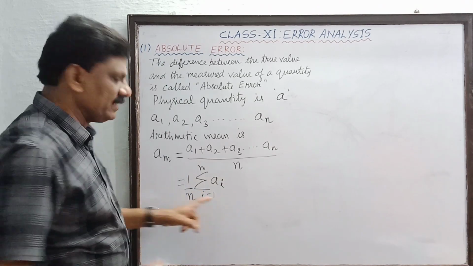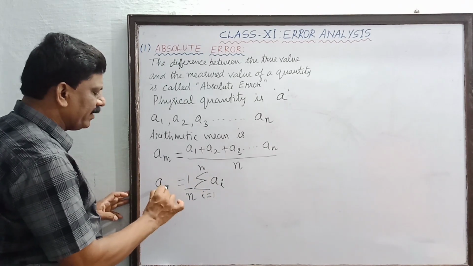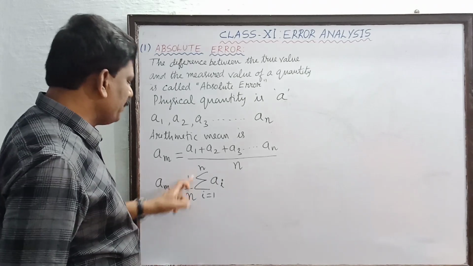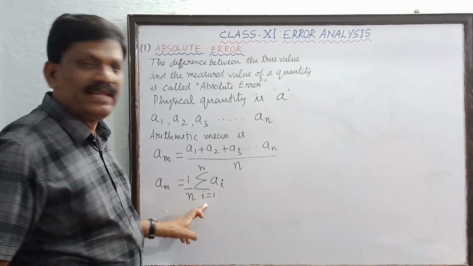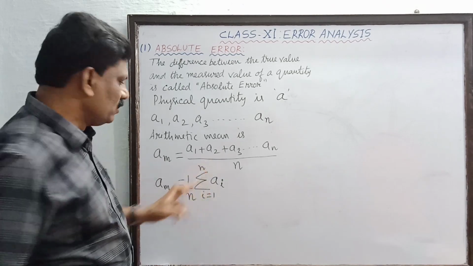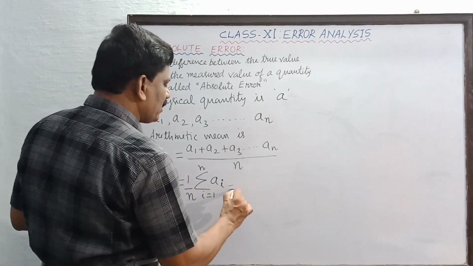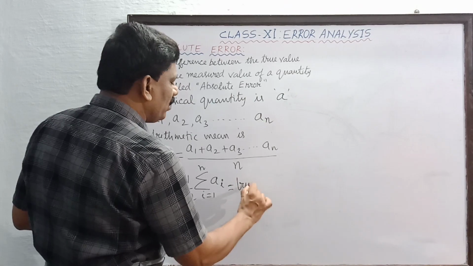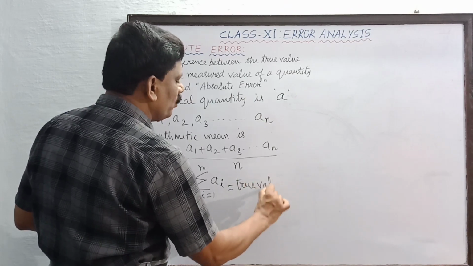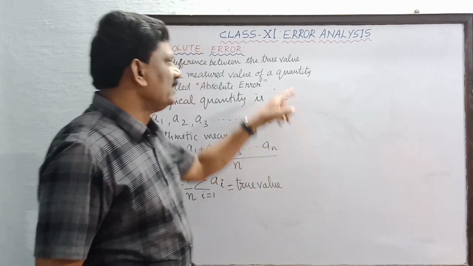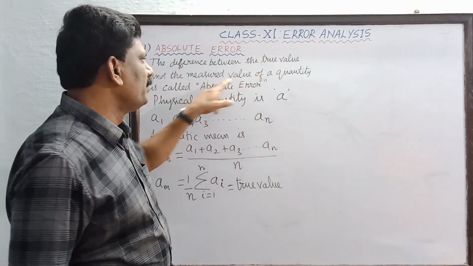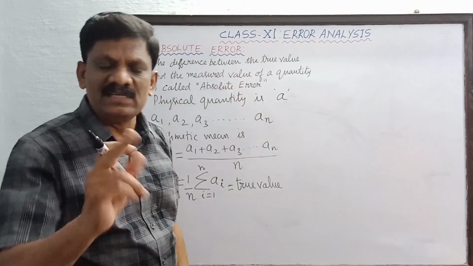So how to read this? AM, A mean, is equal to 1 by n into sigma Ai, where i is running from 1 to n. So this AM only is called the true value of the measured quantity. In the definition, the difference between the true value and the measured value we have mentioned, is it not?